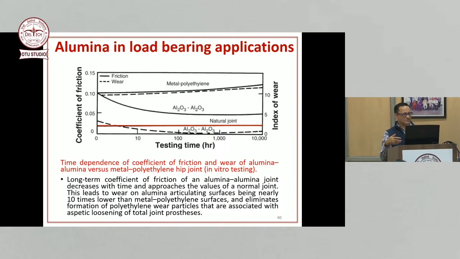So that can be very favorable, the coefficient of friction is very low. This leads to wear of articulate surface being nearly 10 times lower than metal polyethylene surfaces. So the wear is so low, which is great, right? Because you can imagine if somebody has a hip implant and there is too much wear happening, that can be an issue for the patient.